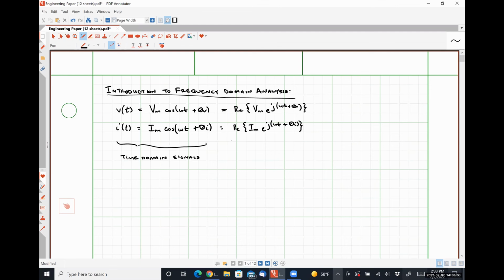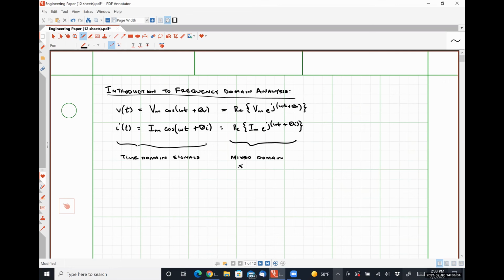I want to call this the mixed domain. Okay. So working with these complex representations, we found that we could get the same answer much more quickly than we did using our time domain analysis.